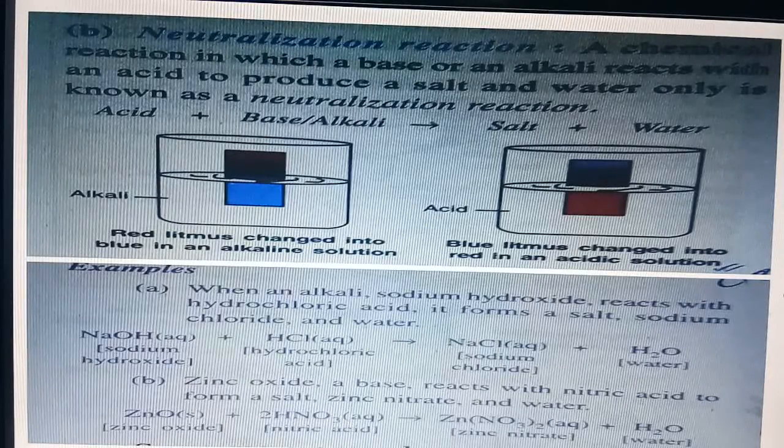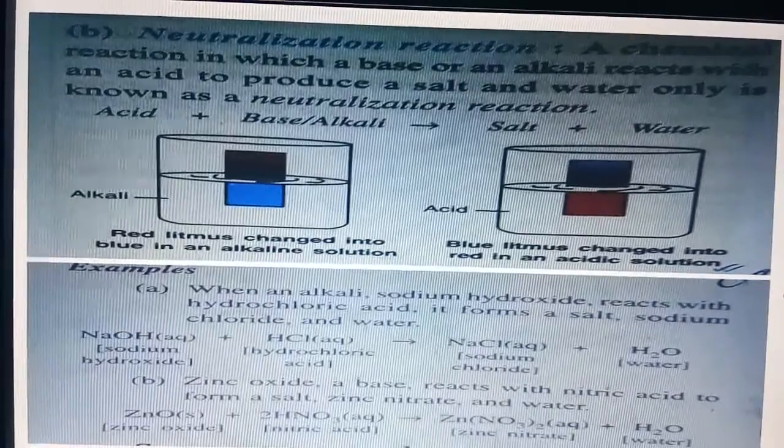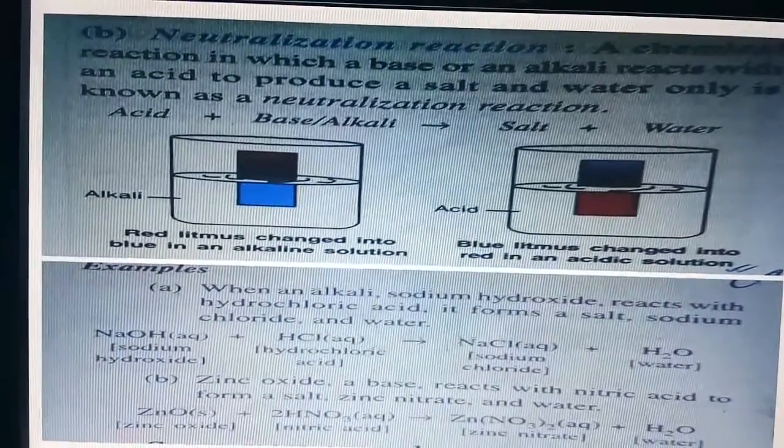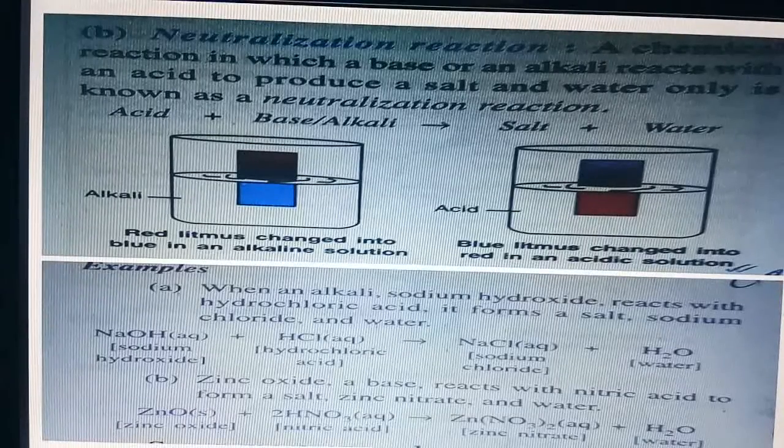For example, if you dissolve sodium hydroxide in water and put red litmus paper in it, you can see this red litmus paper turns blue. In the other case, if you put blue litmus paper in an acidic solution, it will turn red.